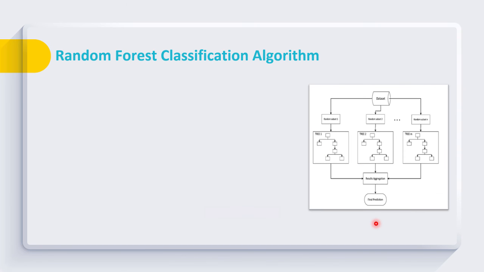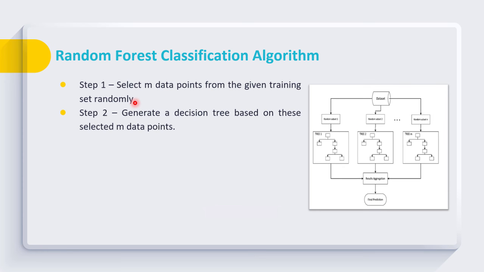Now let us discuss the step-by-step algorithm for Random Forest. In the first step, we randomly divide the training dataset into subsets, and in each subset we have m data points which are selected randomly. In the second step, we generate a decision tree based on these m selected data points. Let's suppose that this decision tree has been generated.